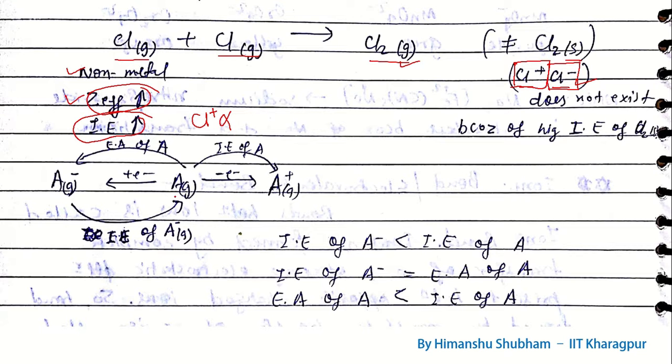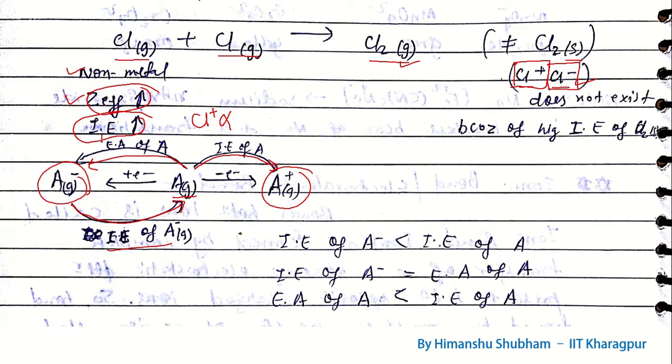Let us see what happens when we add one electron to A gas. It forms A minus gas, and removing an electron from A gas, we get A plus gas. Now we know that the energy associated with this would be called ionization energy of A, and addition of an electron to A gas to form A minus gas would be called electron affinity of A, and removing an electron from A minus gas to form A gas would be called ionization energy of A minus.